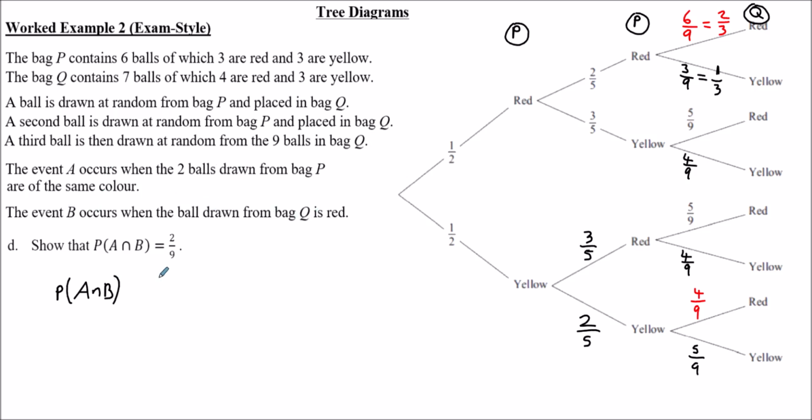So if we have A and then B, that's essentially the same as saying that the first two balls are red, and then we have a red from Q, or we have yellow, yellow, and then red from Q. So event A can happen in two different ways. So what we can have here is it could be red and then red, and then B could be a red as well.